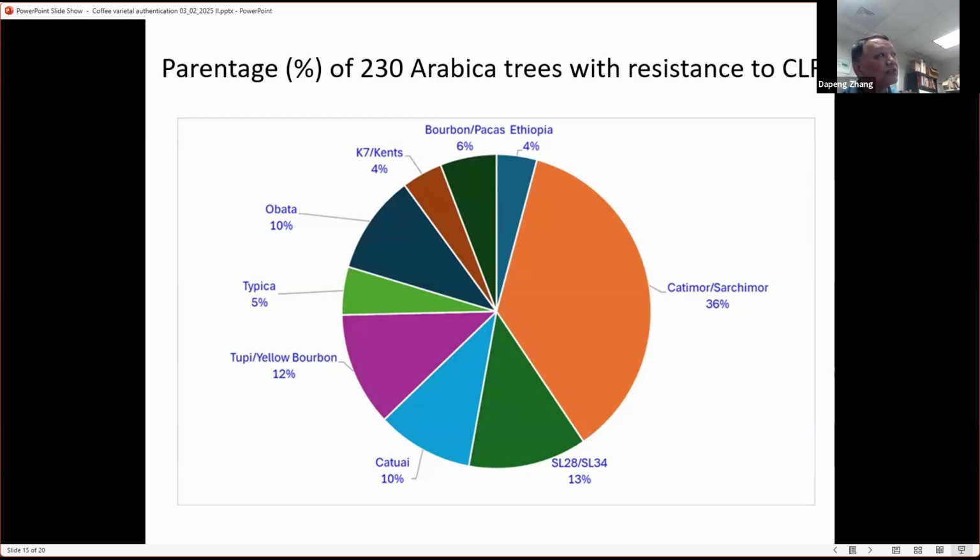in those 230 trees. Of course, lots of things can be followed up on those trees. For example, we need to find out whether they are still segregating, or whether they are stable and purified already, and what their bean quality and other traits are.